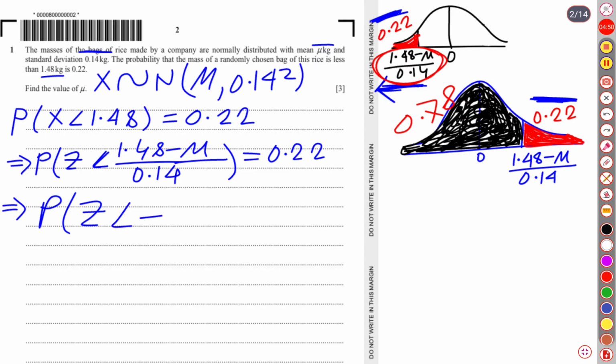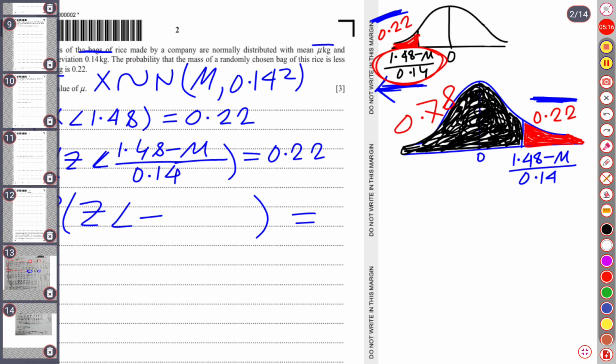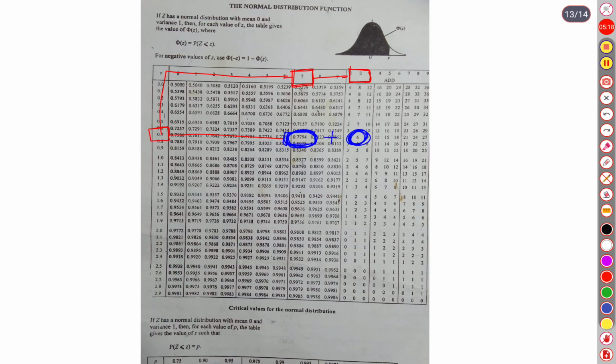For the probability 0.22, instead we will find the corresponding z score when the probability is 0.78, because we require the greater probability. Remember, whenever you find the corresponding z score, always prefer the greater probability, because none of the probabilities given in the probability distribution table is less than 0.5.